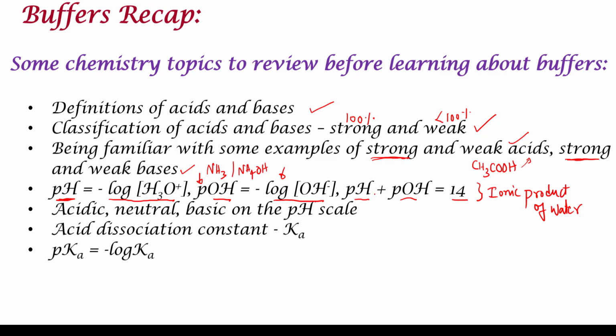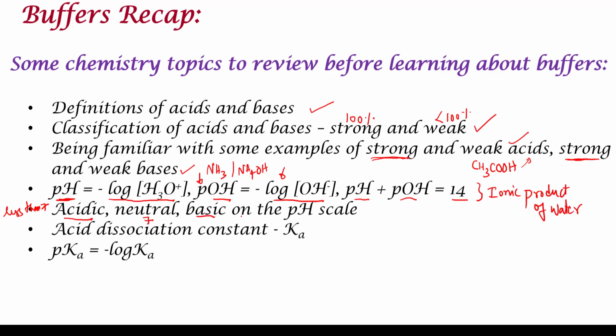And then once you get through this, then you will get into the pH scale. It is important that you know what the pH scale is, what type of pHs are considered as acidic. If you remember, anything less than 7 is considered as acidic. Neutral, if your pH is equal to 7, then it's called neutral.